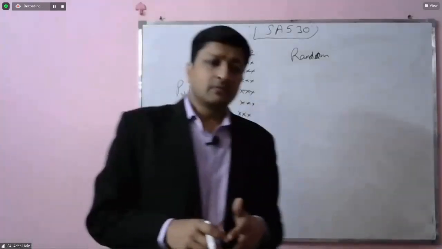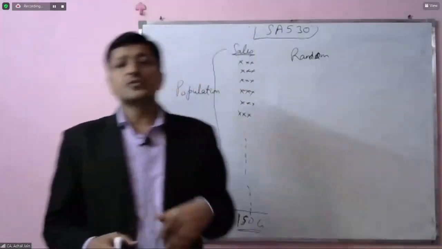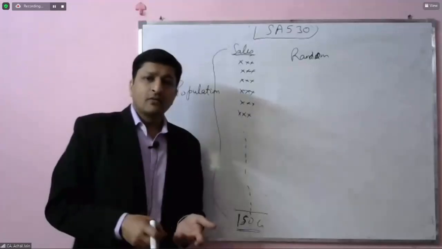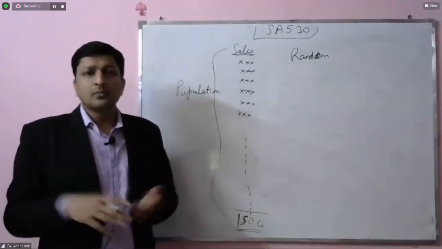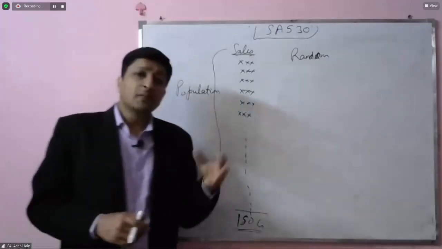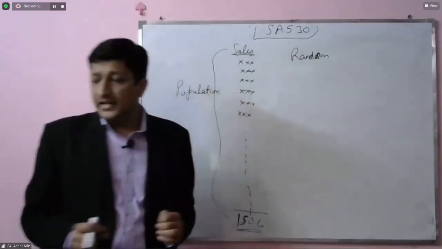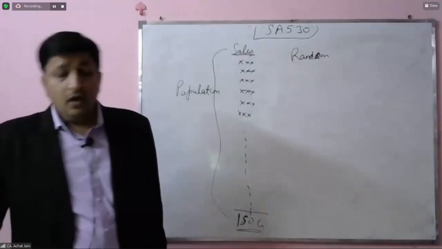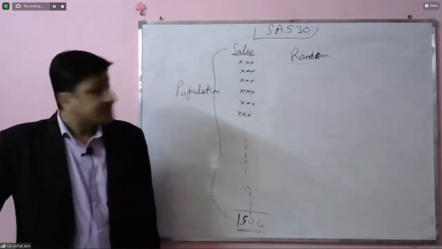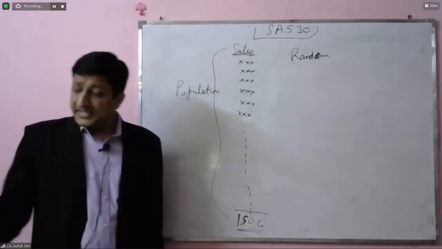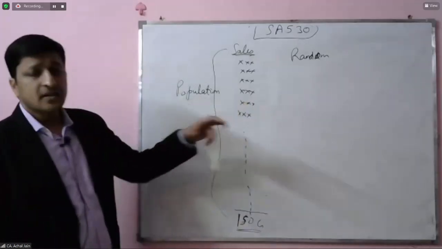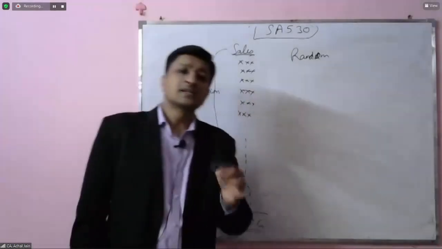So it's like, let's suppose there's a basket in which there are so many balls, and we just pick out any ball without looking at any of the balls, and each and every ball has a chance of getting selected, of getting picked up. Same is the case in random selection, that each and every transaction has a chance of getting selected.